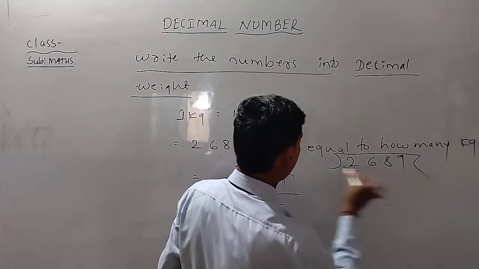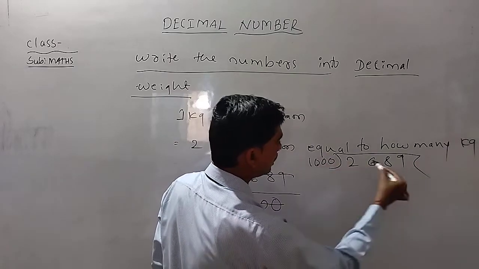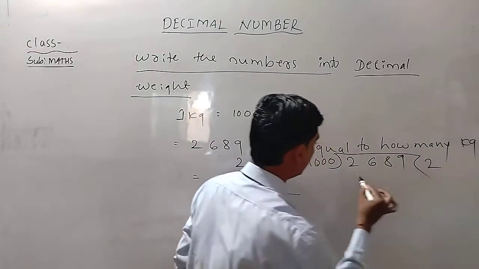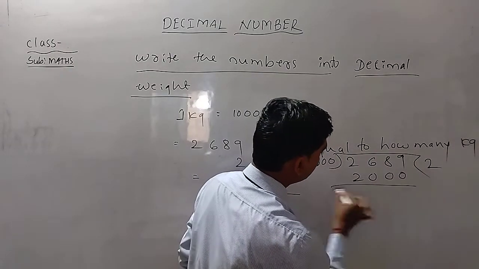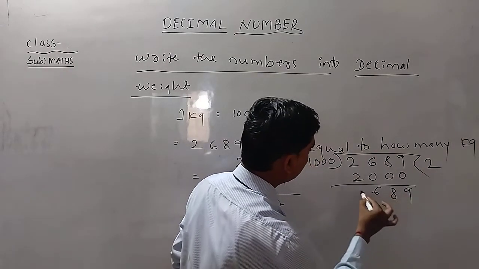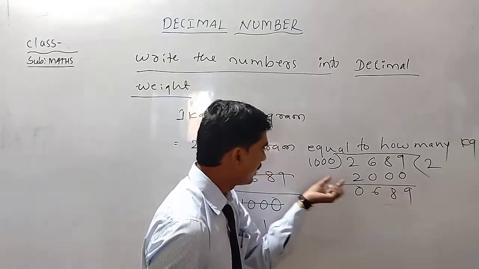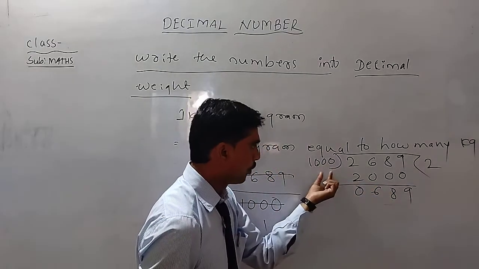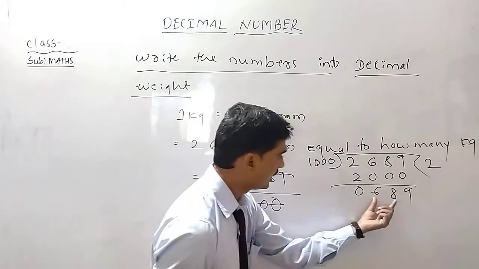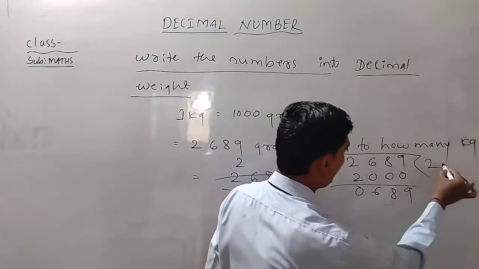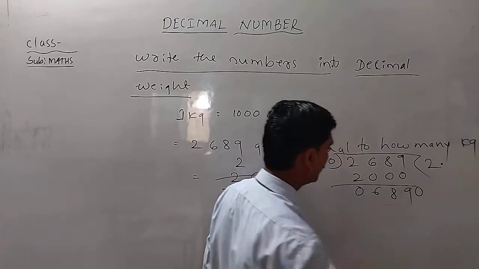2689 divided by 1000. 1000 the table has 2000. Here 689 is remaining, and 1000 is bigger than 689. Then you put a point here and take 0.